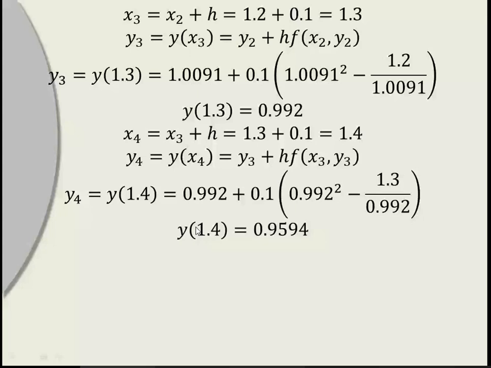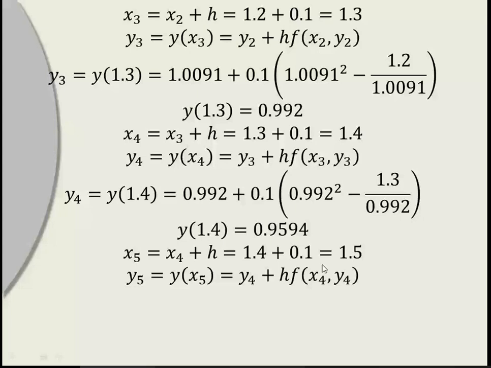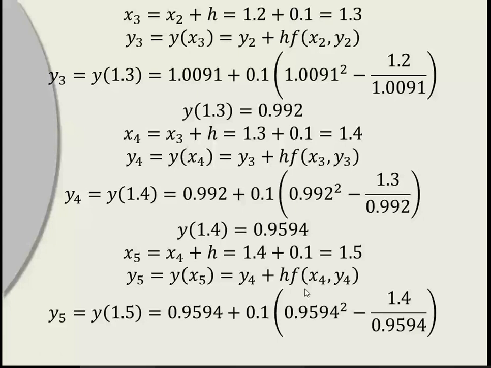So find the next x, x5, it is 1.4 plus 0.1, that is 1.5. And the value of y at that point will be y4 plus h into f of x4, y4. And then substituting the values and doing the calculation, it gives us the value of y at 1.5 as 0.9055.